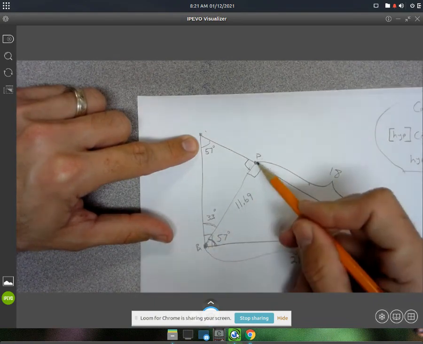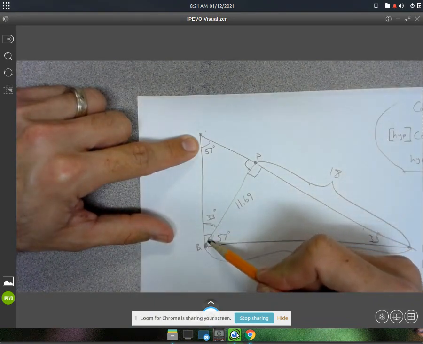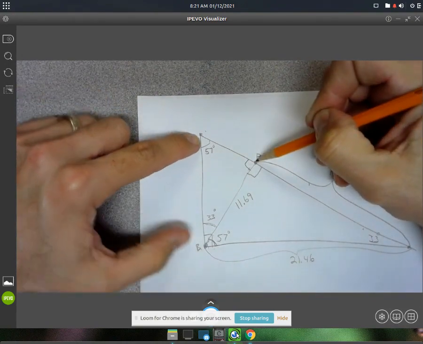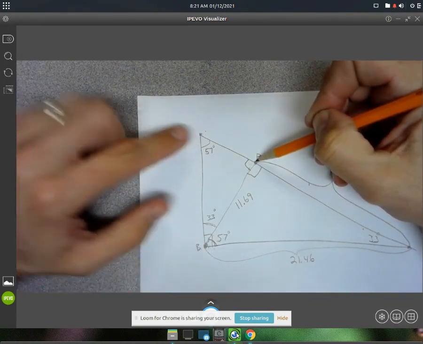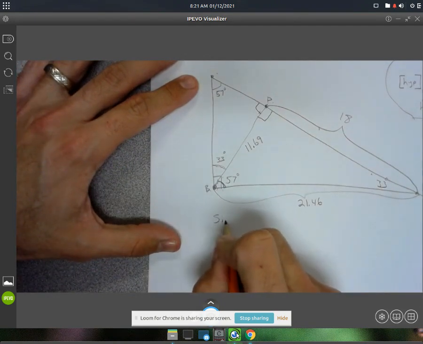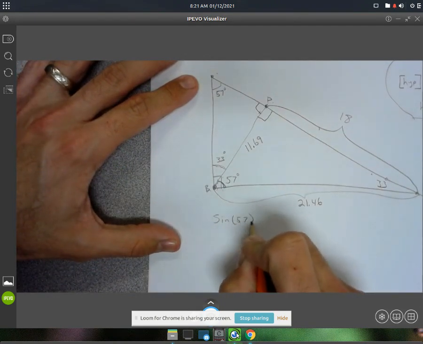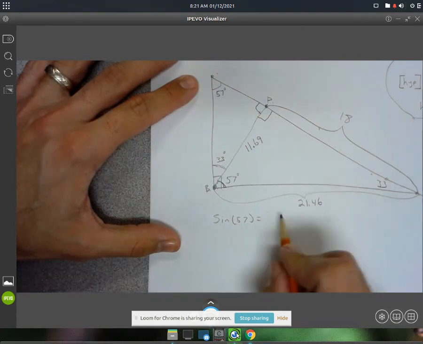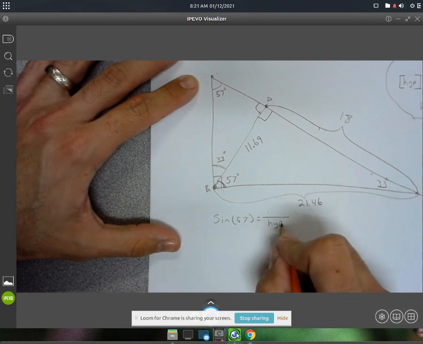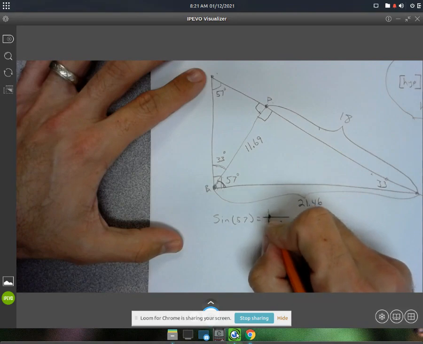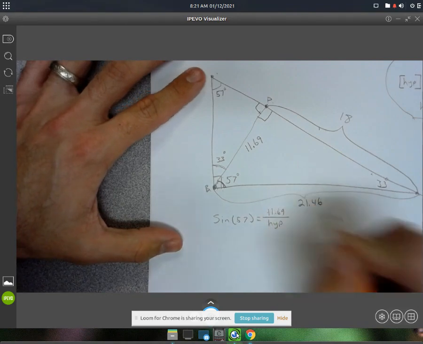This is a leg, the opposite side of 57, and my hypotenuse is this longest side here. I'm going to use sine of 57, which is opposite over hypotenuse. The hypotenuse is here, and my opposite is this 11.69.